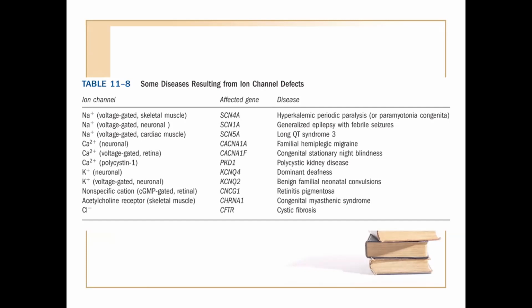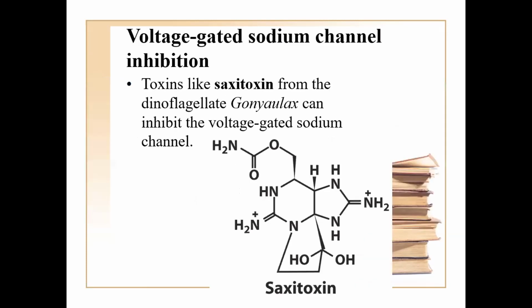You can also use various toxins that are known to kill these channels. So, for example, saxitoxin comes from a dinoflagellate, Gonyaulax. Gonyaulax is what causes red tide in the ocean.